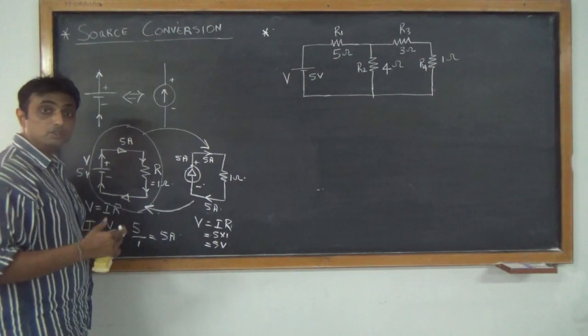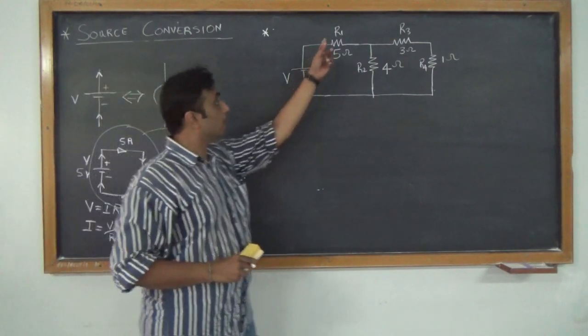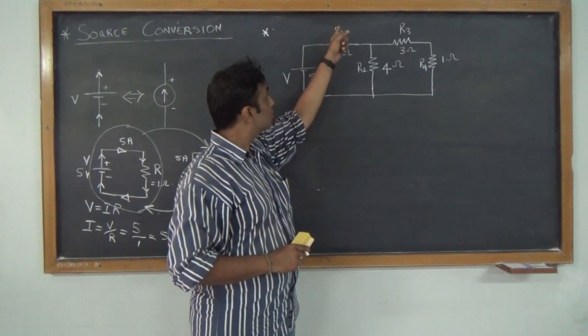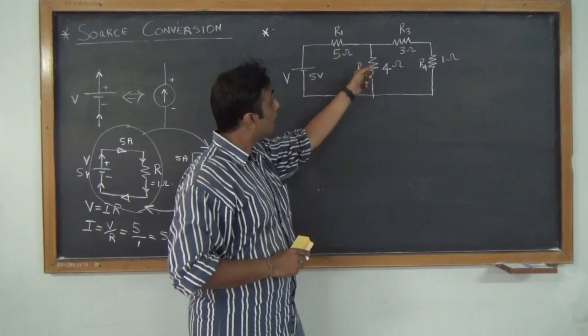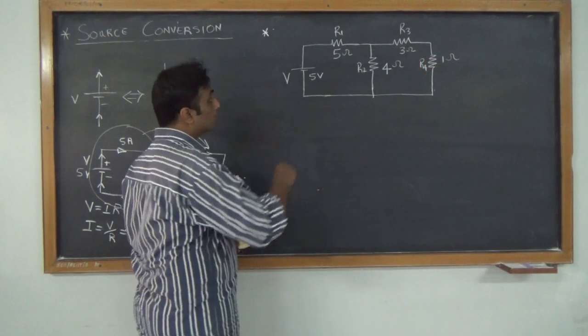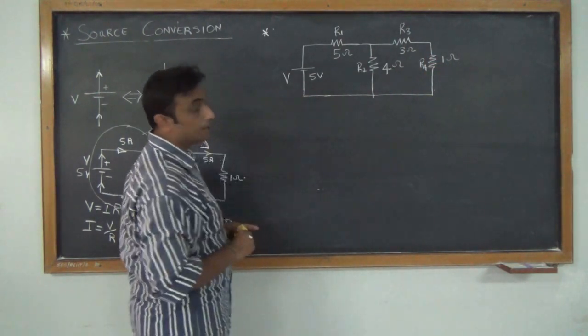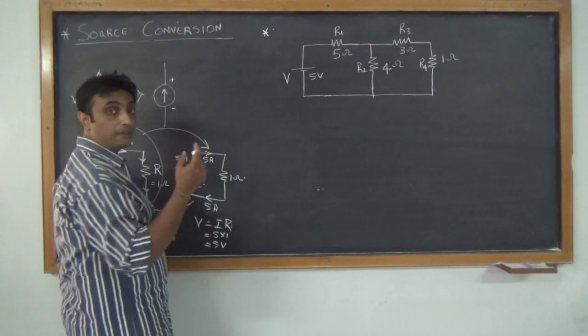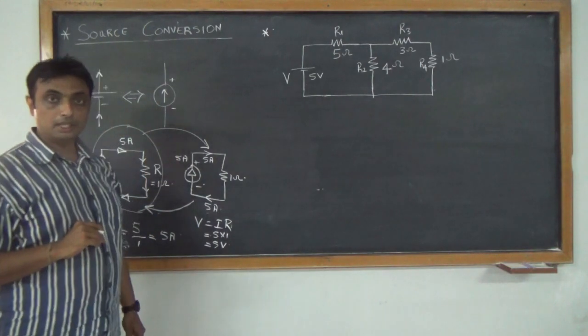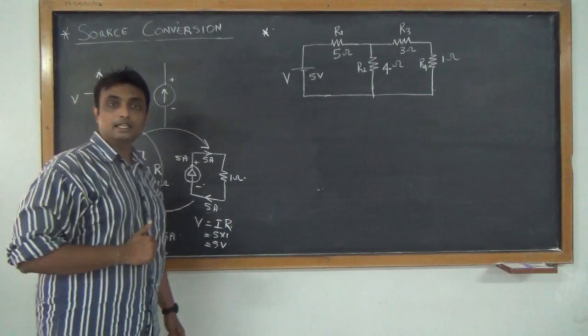But say suppose there is more than one resistor involved. Say I have R1, R2, R3 and R4. So there are totally 4 resistors involved. Then how can I effectively convert this voltage source to a current source? Now there are some criteria to this.